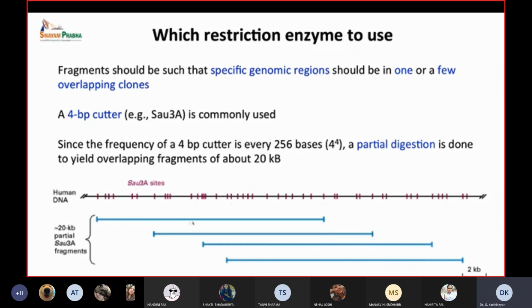So you generate all these different fragments. Because they overlap with each other, when you sequence all these fragments, by aligning them together, you can get the sequence of this human DNA from this end to this end. This is what researchers try to achieve when they are creating a genome sequence.